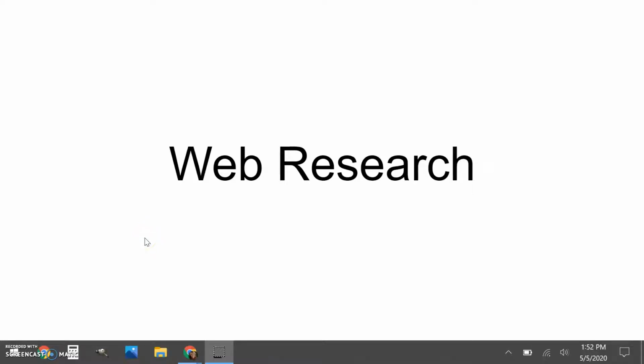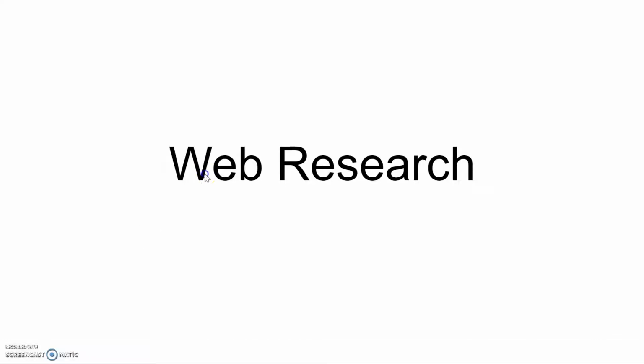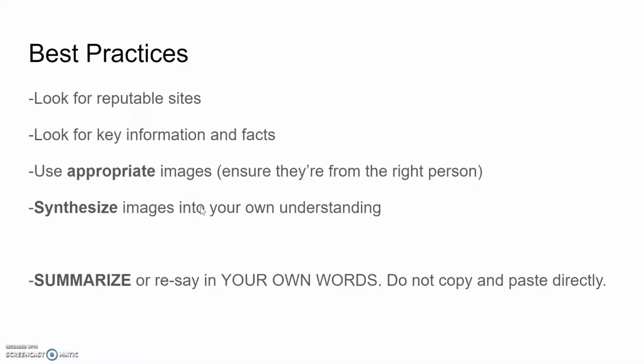Today, I'm going to talk about completing appropriate web research, finding information about artists and their images. Generally speaking, when you start to do a web research project, you should try to complete it using best practices for website finding.